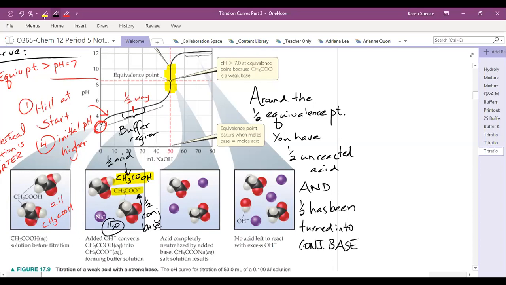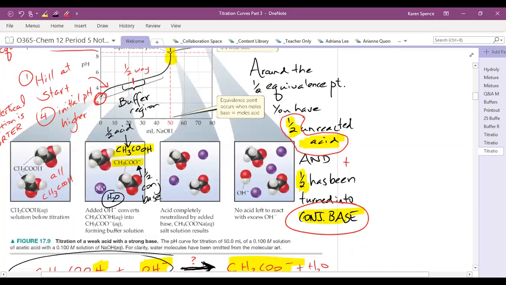And so if you have the acid and the conjugate base, 1/2 and 1/2, then that is a buffer.